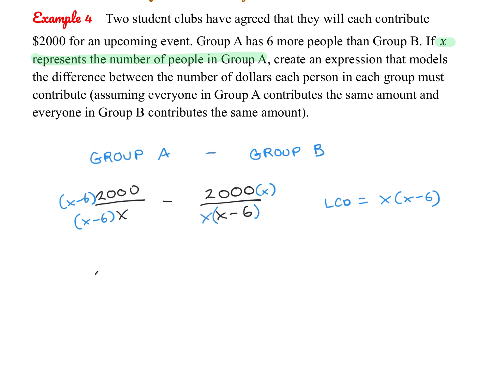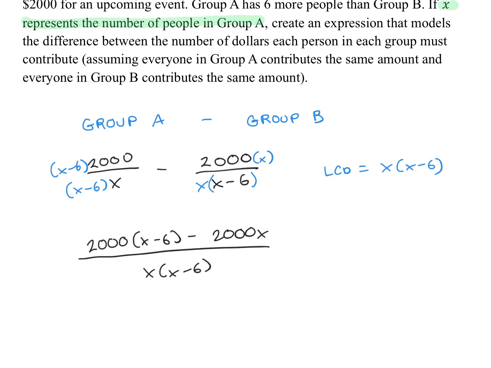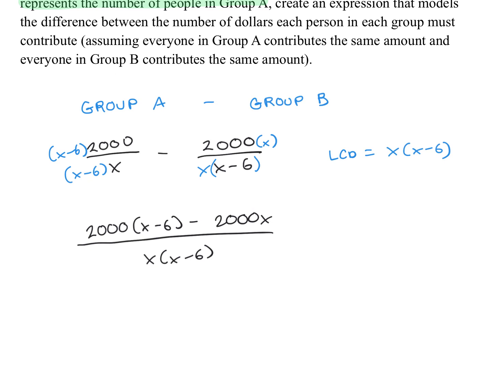So this gives us 2,000 times X minus 6 minus 2,000X over our LCD. And then here we just multiply it out and combine like terms. So here we have 2,000X, and then we have minus 2,000X. So those will cancel out.